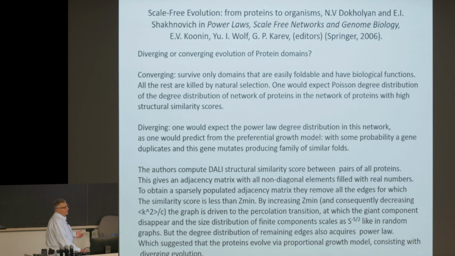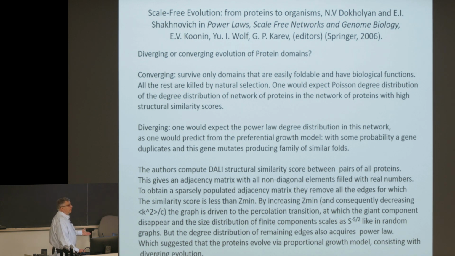Convergent evolution is just a Darwinian idea that only the folds which are stable will remain, and all the rest will be killed by Darwinian selection.